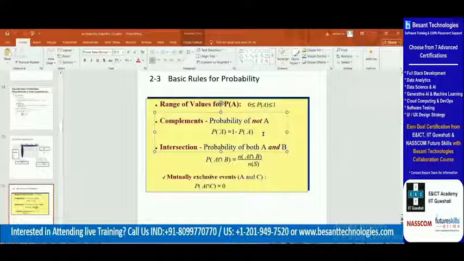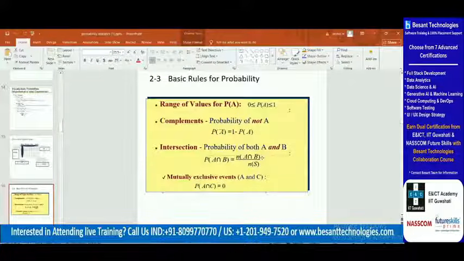Next is intersection. This intersection can also be calculated with one formula: probability of A intersection B is equal to the number of samples in A intersection B divided by the total number of sample space.